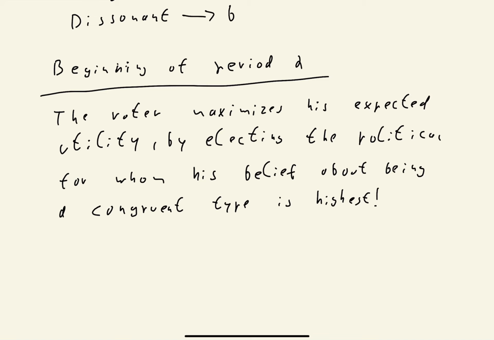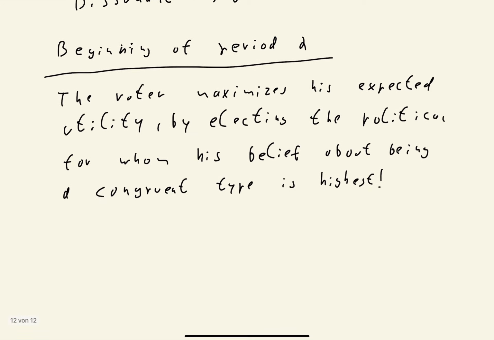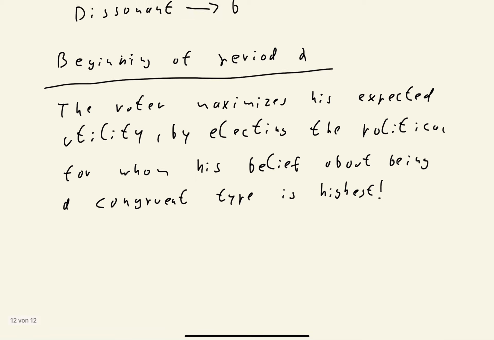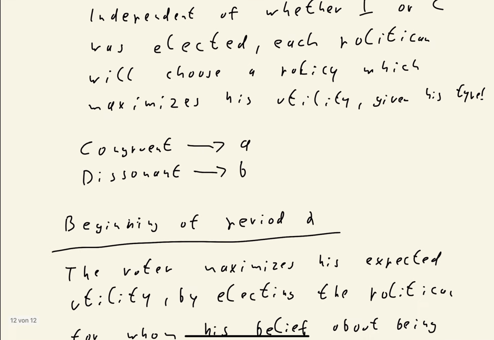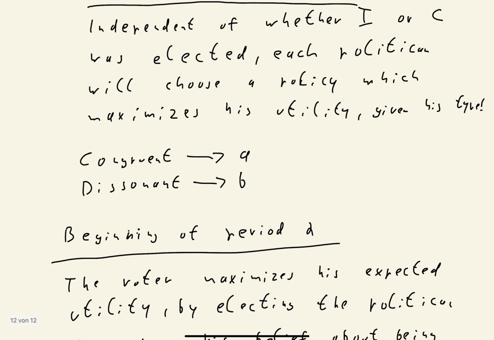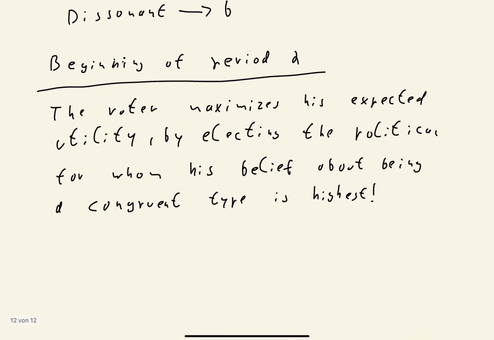That is basically summarizing the voting behavior, because the voter knows that in the next period, only if a politician is of a congruent type will the politician choose policy A. So he can maximize his expected utility in period 2 by electing the politician who has the highest probability of choosing policy A. And that politician, from the perspective of the voter, is given by the beliefs of the voter.